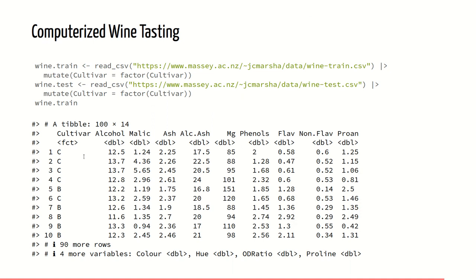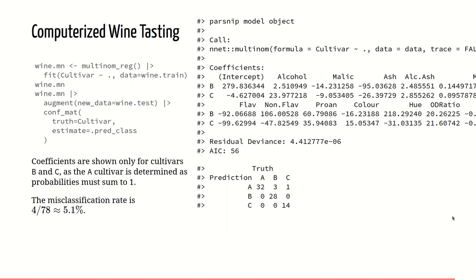Right, so we can see that we have our cultivar, A, B, or C, and then a number of numeric measures, including color, hue, OD ratio, and proline. We're going to fit using the parsnip setup. So we use multinom_reg, fit our model, and then do the usual combination of parameters.